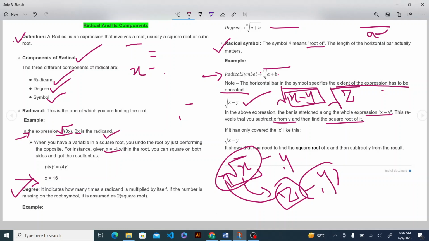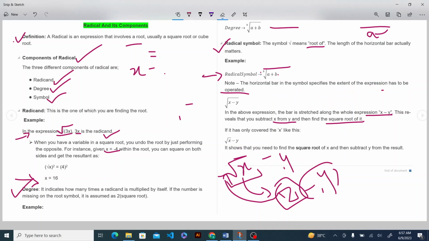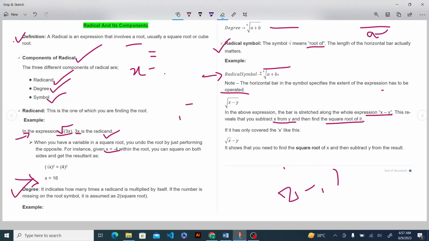In this lecture we have seen what a radical is. Then we have seen the components of radical. Three components are there: radicand, degree and symbol. Let me write the last expression for you so that you can know at a glance the parts of a radical.